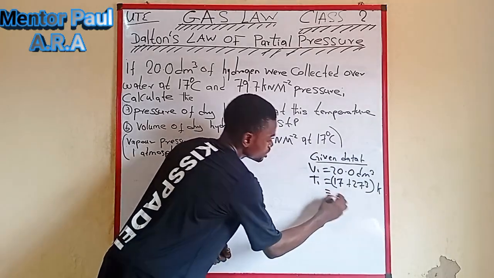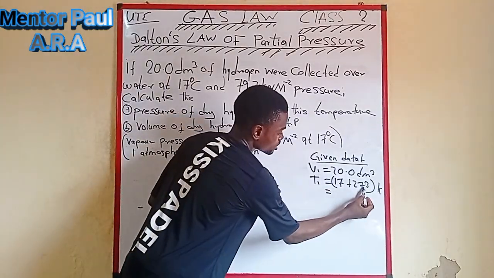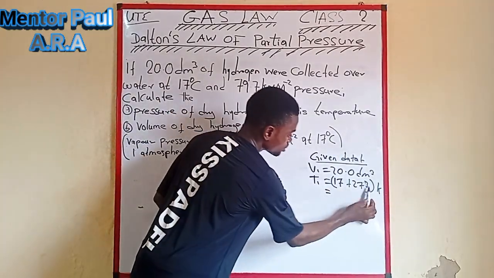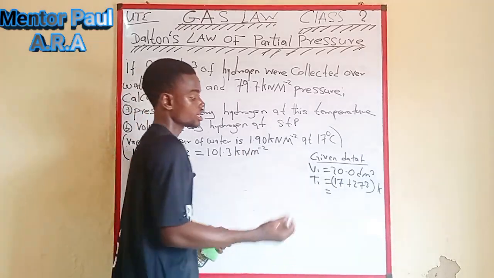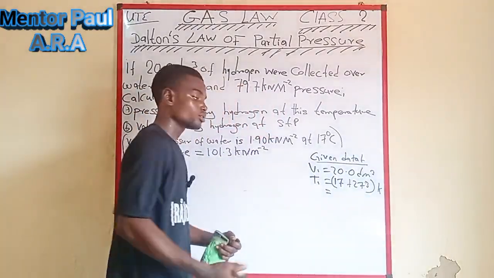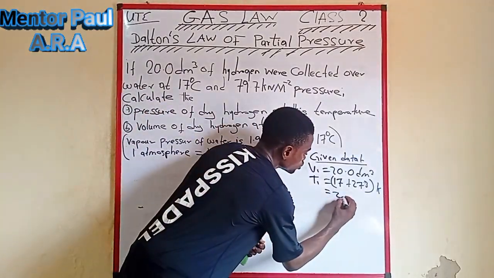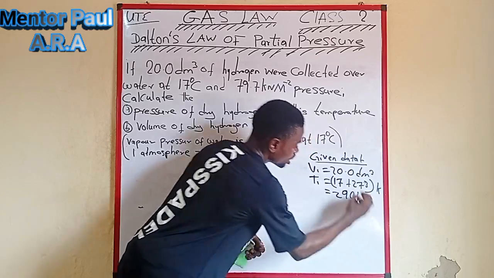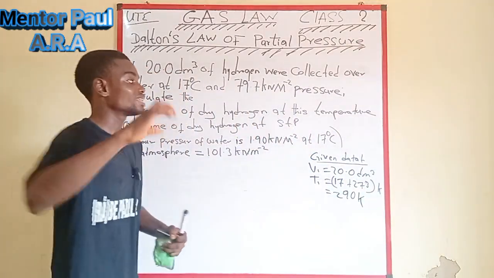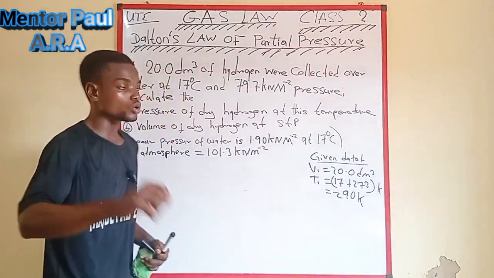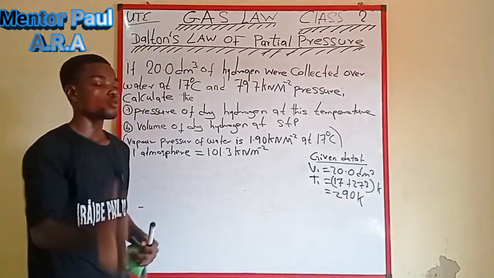So 3 plus 7 is 10, carry 1; 7 plus 1 is 8; 2 plus 0 is 2. I'm going to have 290 Kelvin at the stage that is not STP, the stage when it was collected over water.